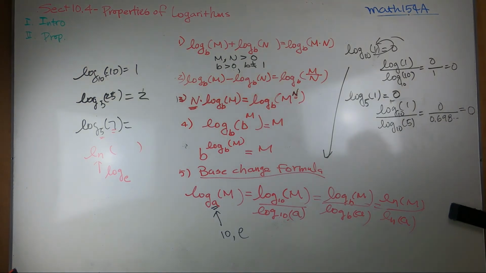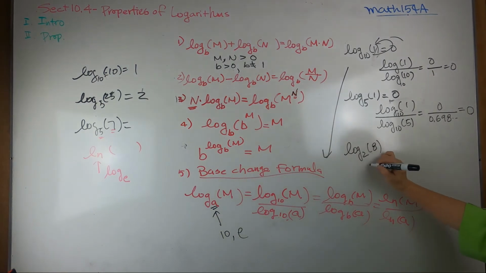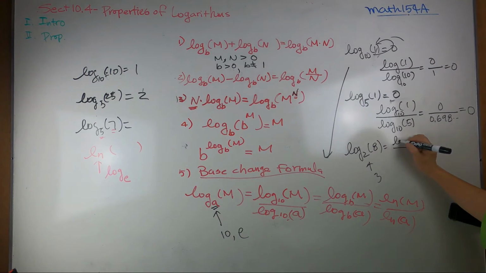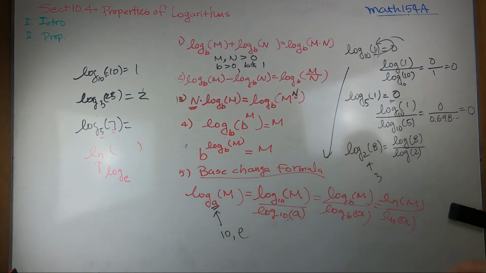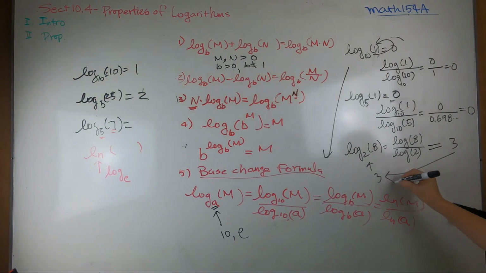Okay? And if you look at log base 2 of 8, we should get a 3, right? So if we use the base change formula, I should have log 8 over log 2. You use your calculator, find out what log 8 is, then divide by log 2, and you end up with 3.